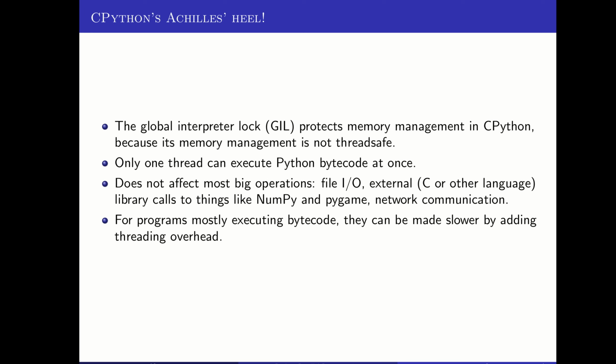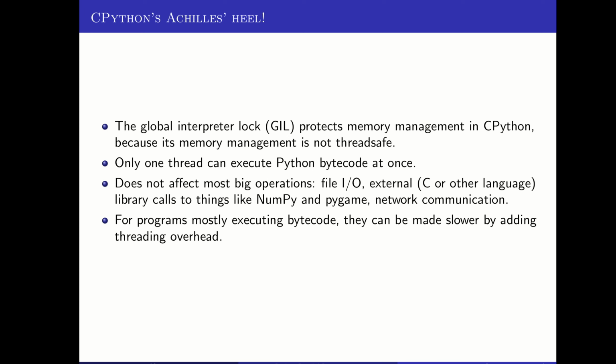If you're doing network communication, sure, you can have a thread that's sleeping, waiting on some network response. So there are still benefits to multi-threading in Python for some of these types of operations.